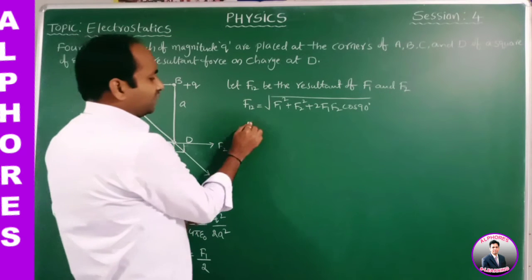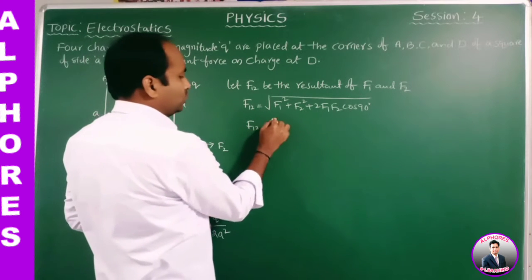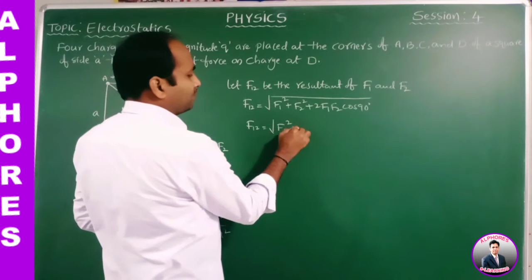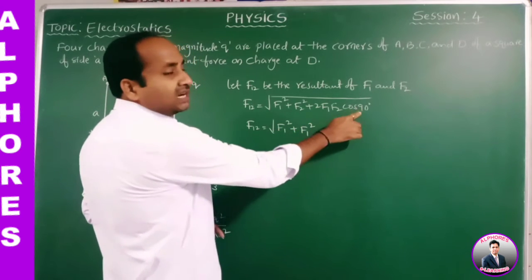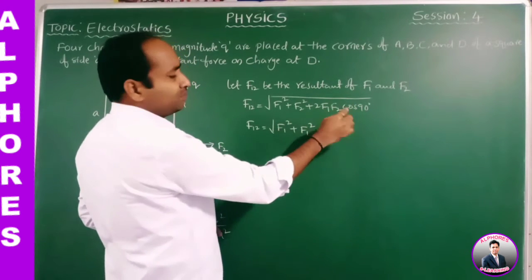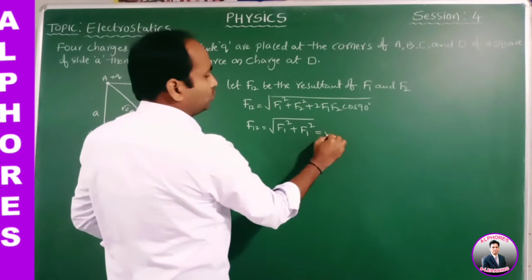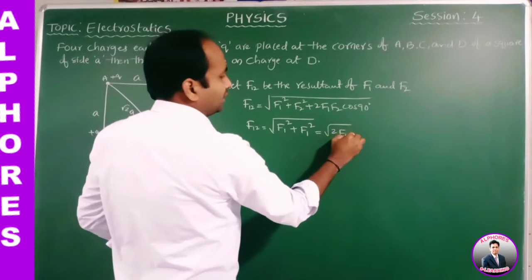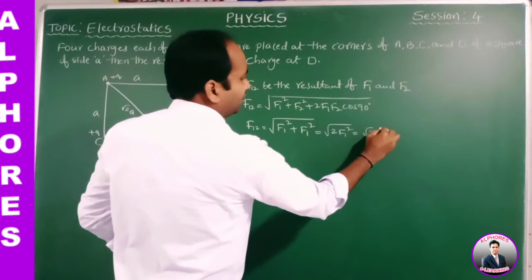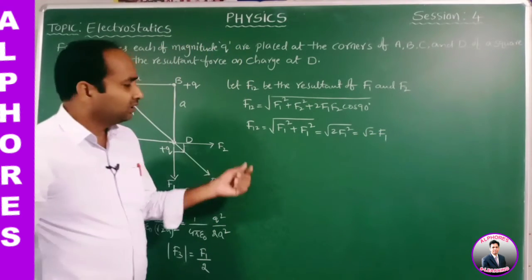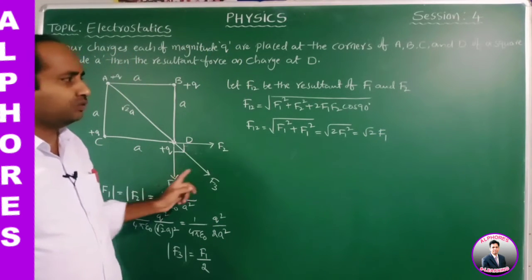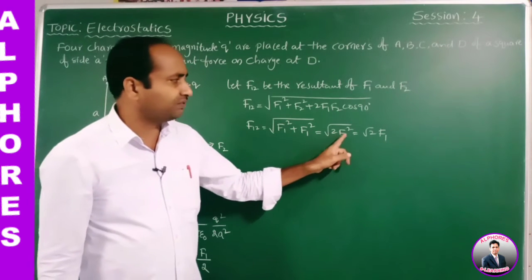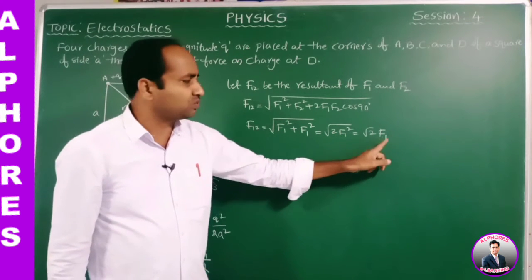So F12 equals under root of F1 square plus F1 square, cos 90 is 0, so that term is 0. That gives root of 2 F1 square, which can be written as root 2 F1. The resultant of F1 and F2 is root 2 F1.